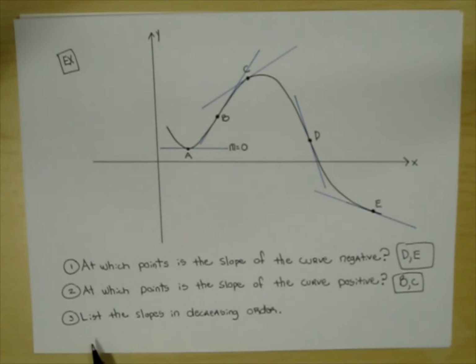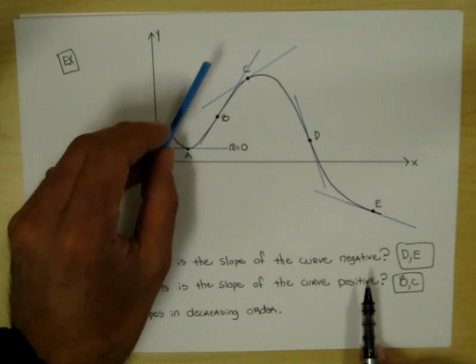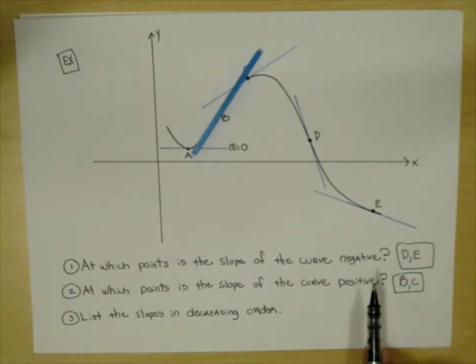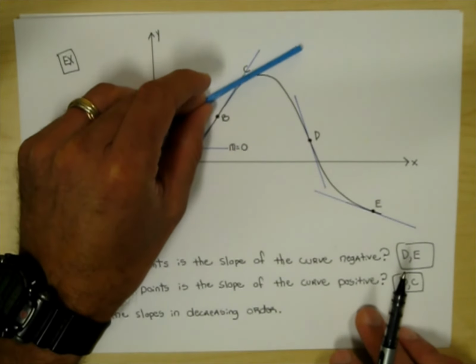So that's why it didn't get put there. Here's the tricky one right here. It says, list the slopes in decreasing order. We want the biggest slope first, because decreasing means going down in value. The biggest slopes would be the highest positive numbers. So let's take a look at this one right here. We have that guy right there, and that guy right there.